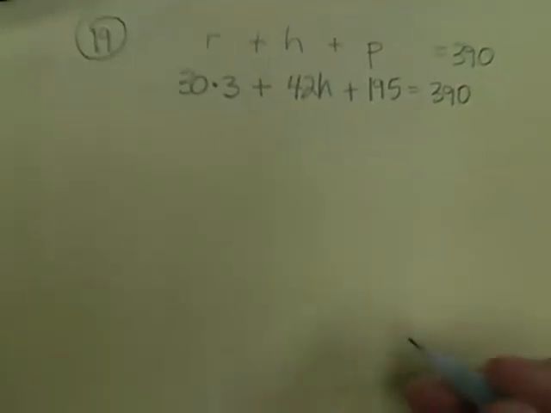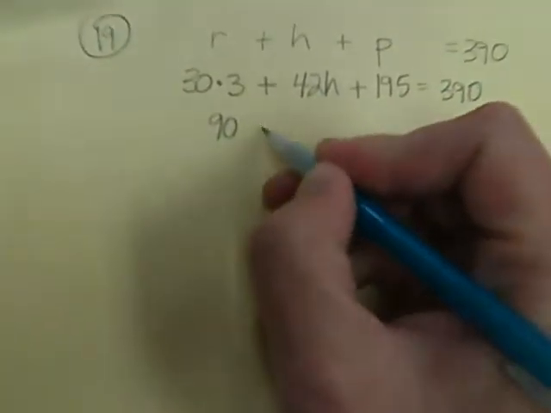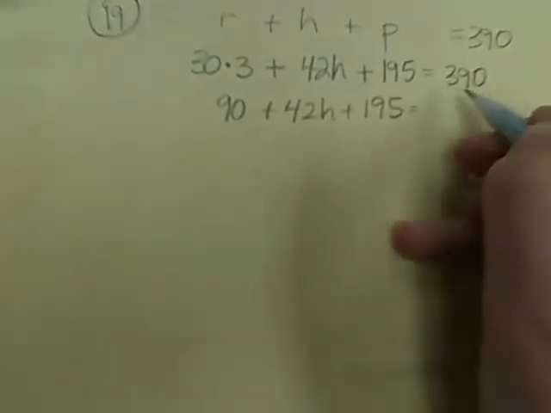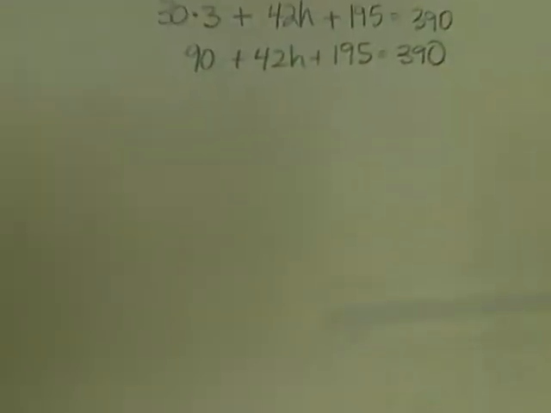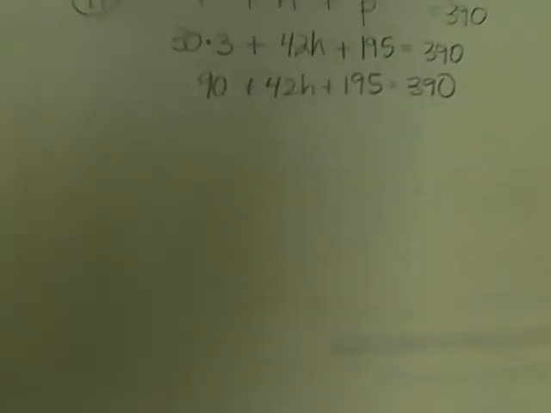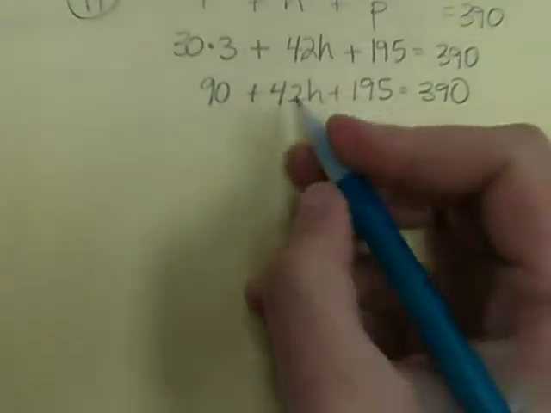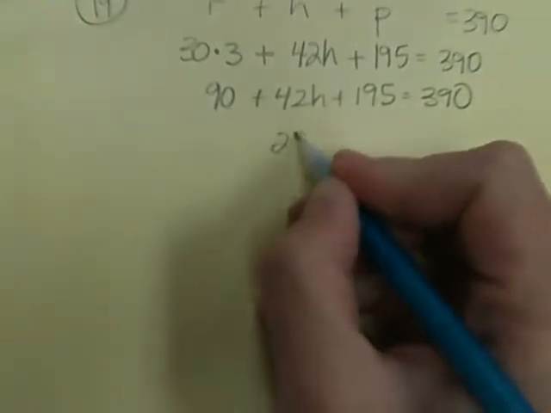Now I'm ready to clean this up. I don't have any distributing, but I do have some cleanup. This would be 90. And I clean up the left-hand side to combine like terms, so that would be 285.